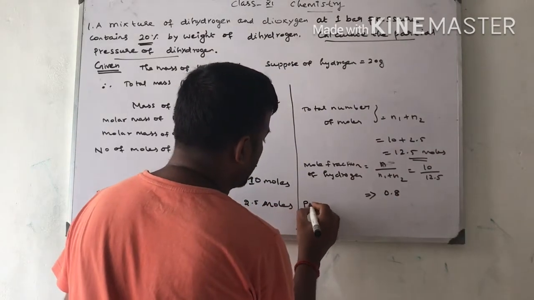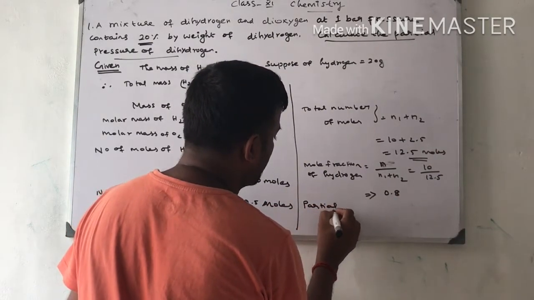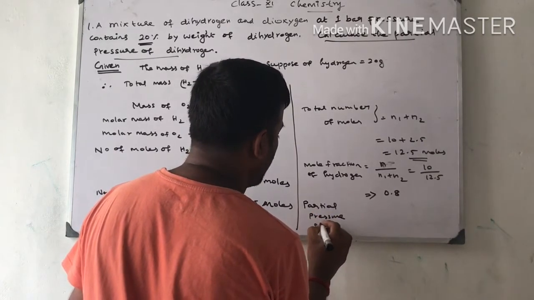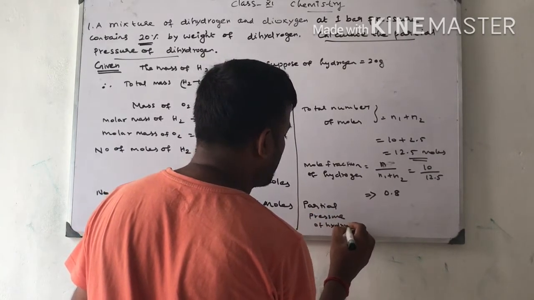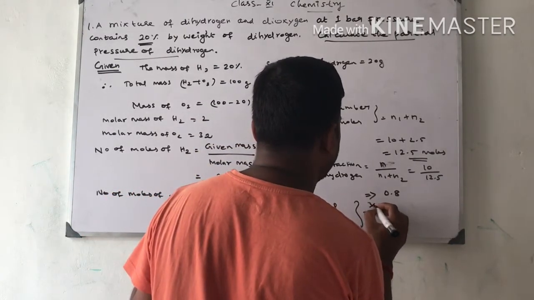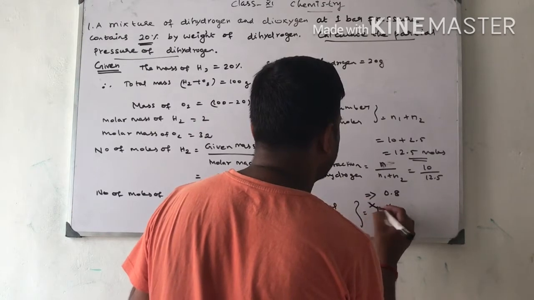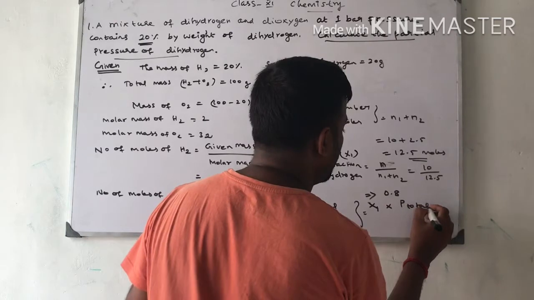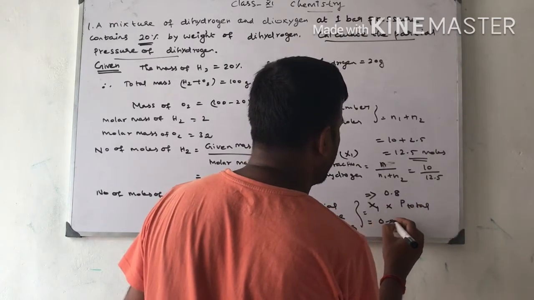Next, partial pressure of hydrogen is equal to mole fraction x1 into P total. Here x1 is 0.8.